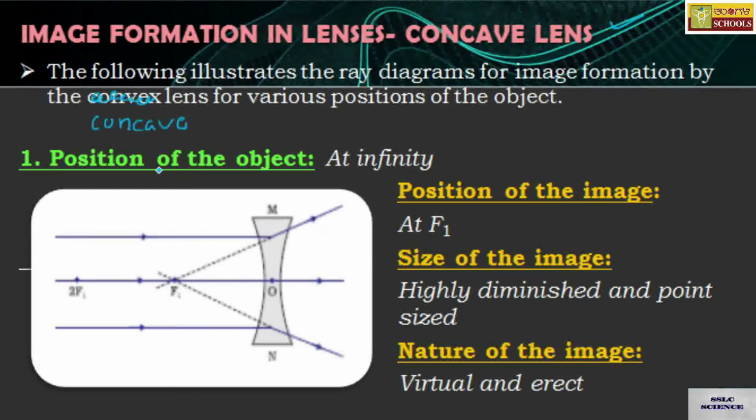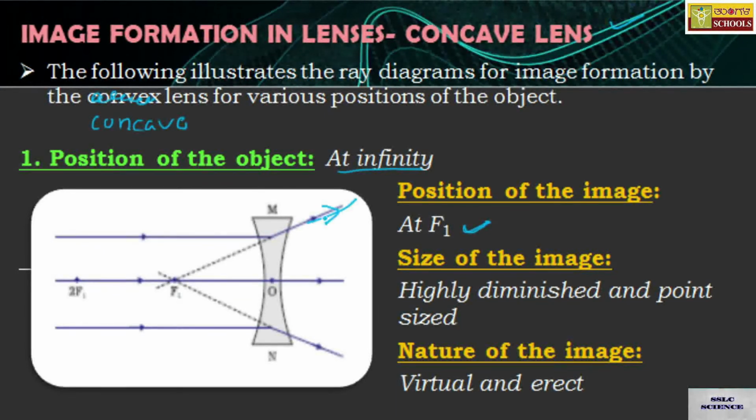So when you take the object at infinity in concave case, the image is going to form on the same side, at f1, the first principal focus. This is diverging in nature. As I said, for such a situation, the object is at infinity, which means the ray is parallel to the principal axis, and will refract and diverge like this.